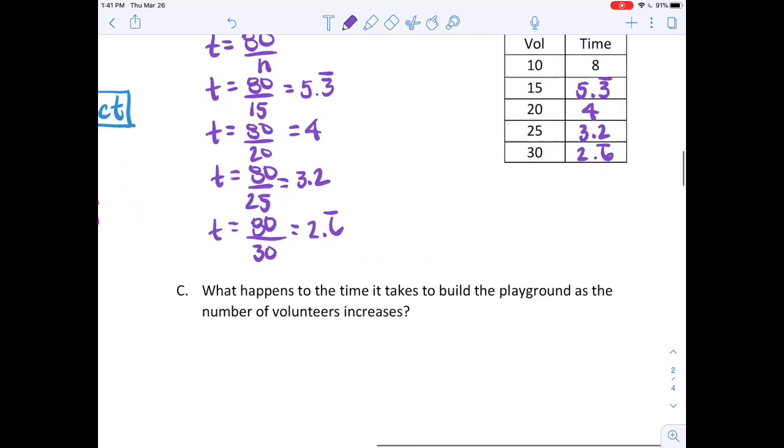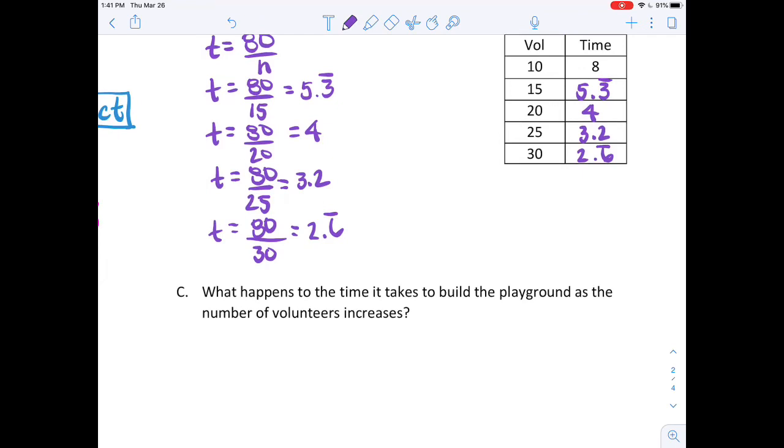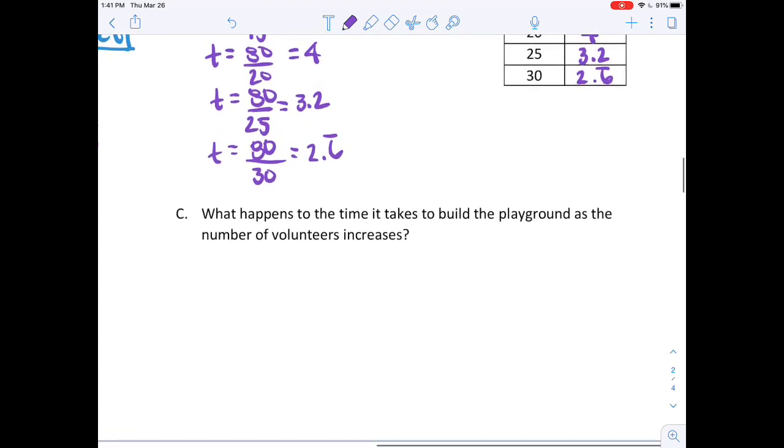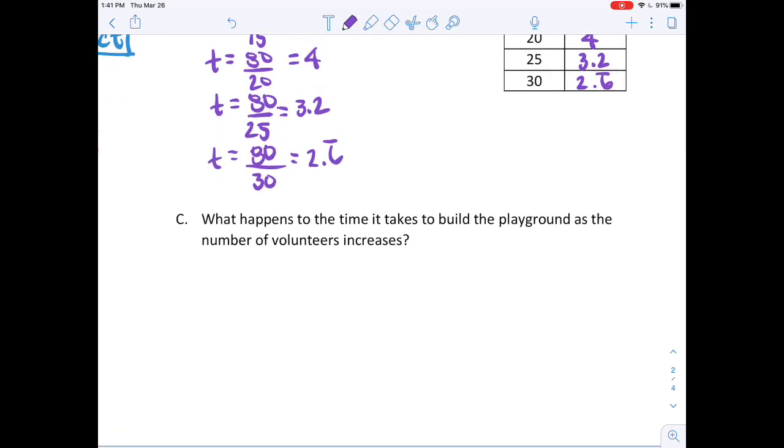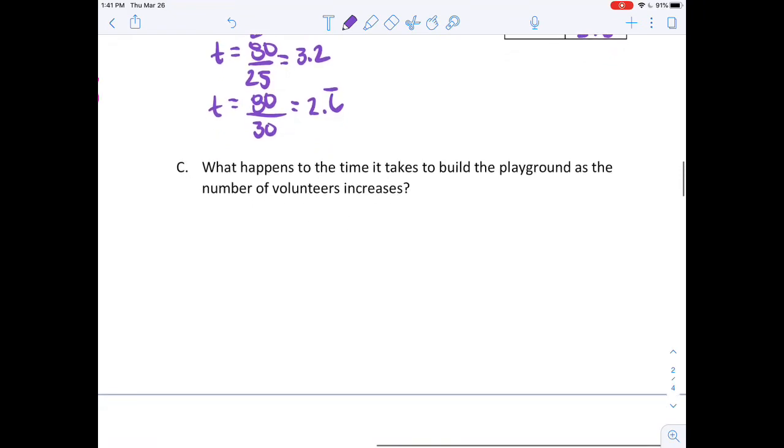All right, so now we just want to describe in words what happens to the time that it takes when the number of volunteers increases. Well, looking at the table, we can see, or we actually could have even indicated it at the very beginning because we knew that it was inverse variation.